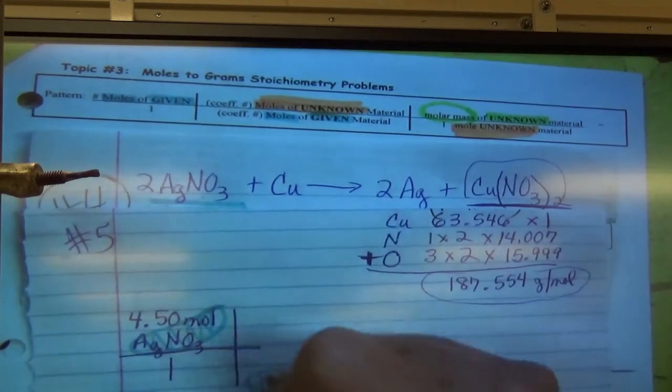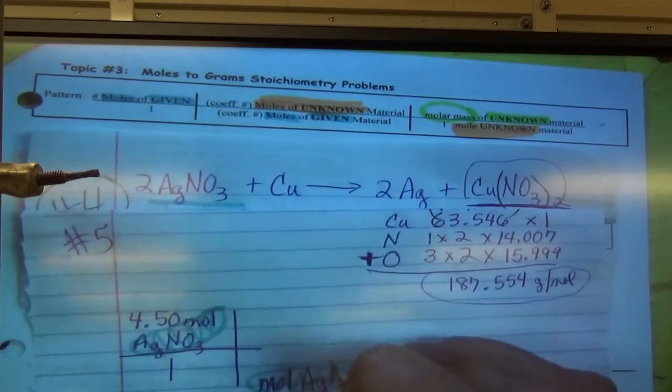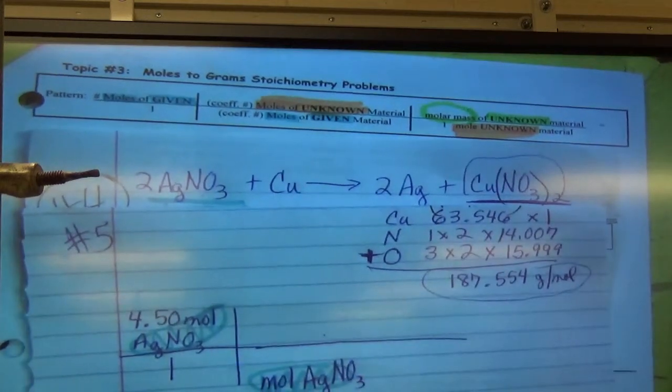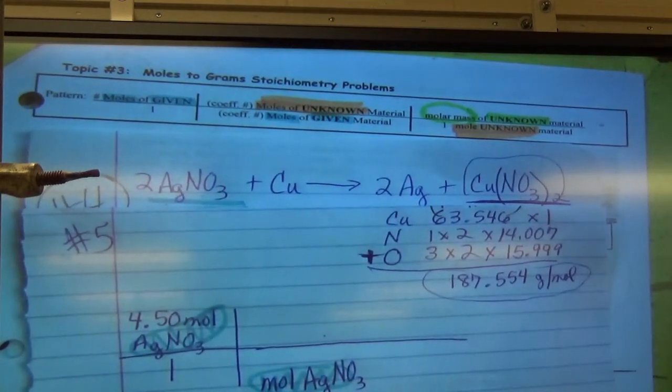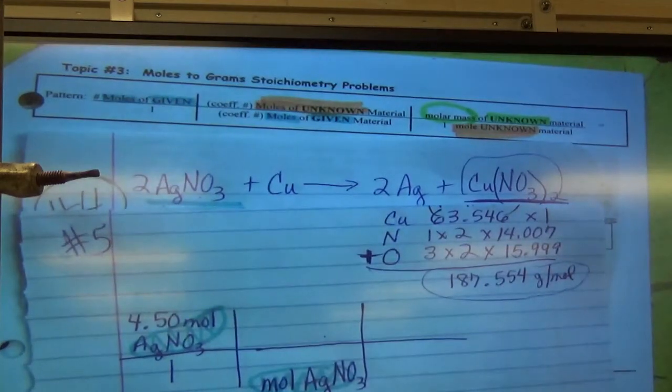Okay, moles of silver nitrate. Okay, you must write everything I'm writing. If you miss any of it, you will not get credit for it. I do partial credit, but Schoology with multiple choice doesn't let us.